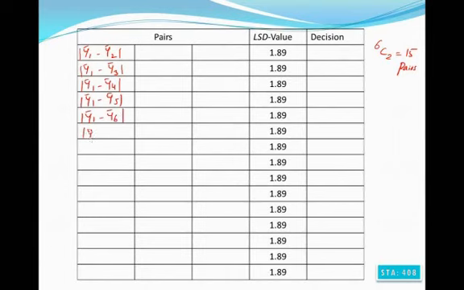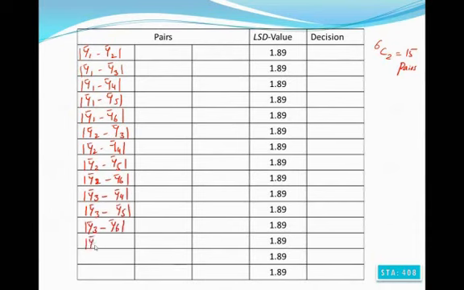Now start from the second mean. Minus third, Y bar 2 minus Y bar 4, minus Y bar 6, Y bar 3 minus Y bar 4, Y bar 3 minus Y bar 5, Y bar 3 minus Y bar 6.